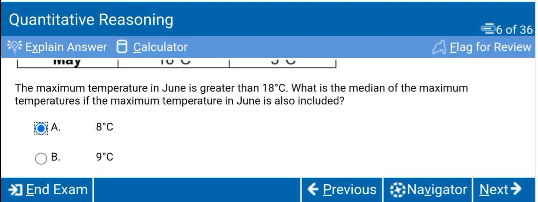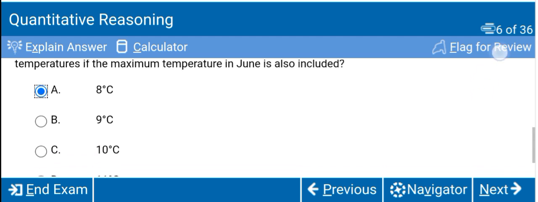This is the median of the maximum temperatures if the maximum temperature in June is also included.